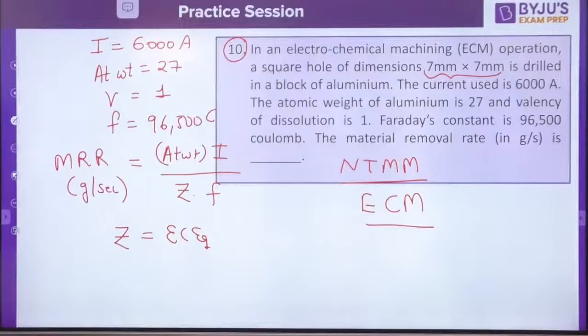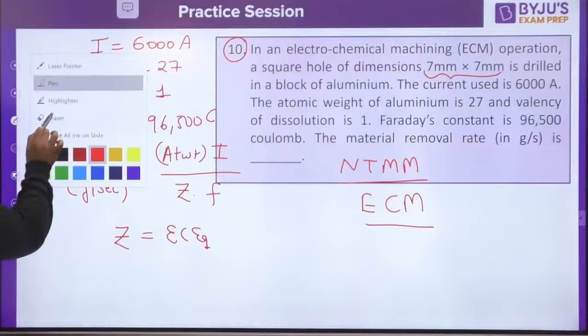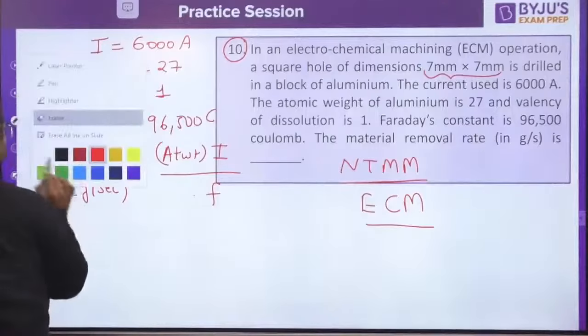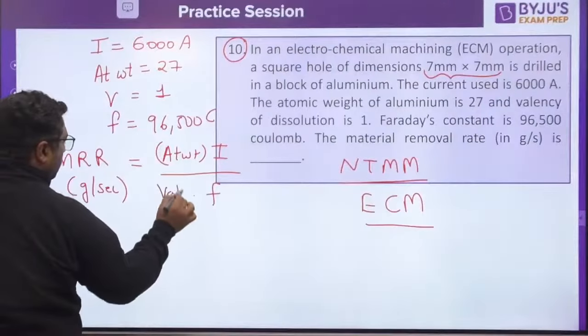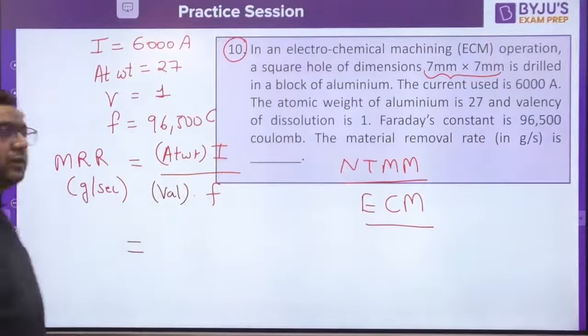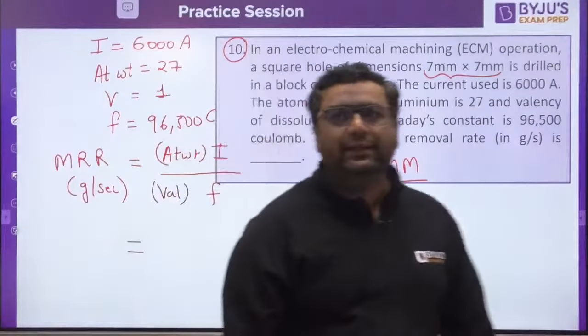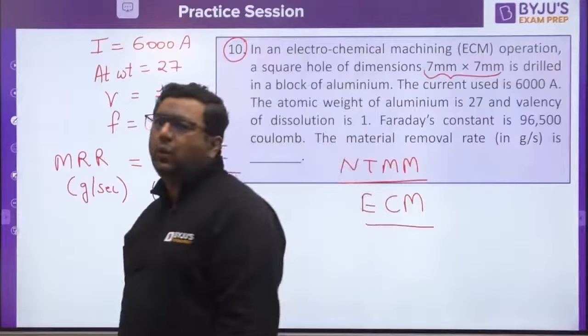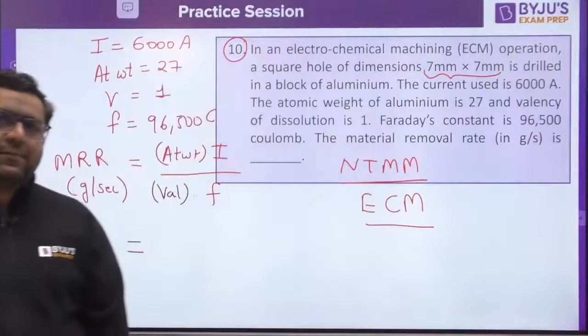Sorry, after putting the values only we get it. Z is valency here. Find the answer. Answer is required in gram per second. Okay, Gaurav Vajpayee has done it. He is getting 1.678 gram per second.